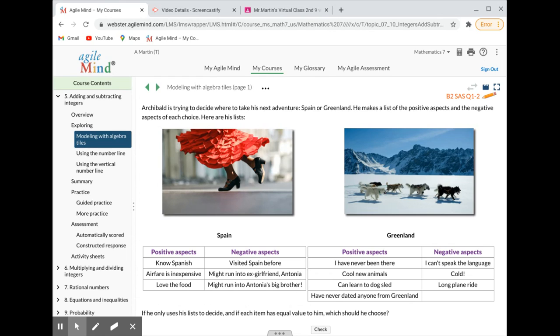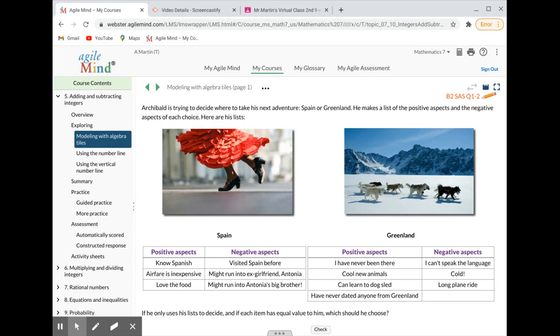It says that Archibald's trying to decide where he wants to go. He wants to go to either Spain or Greenland. He makes a list of all the positive aspects and all the negative aspects, and each item has equal value to him. Just think of it as each being worth 1 point. We're going to use that so that we can figure out which place he should choose.